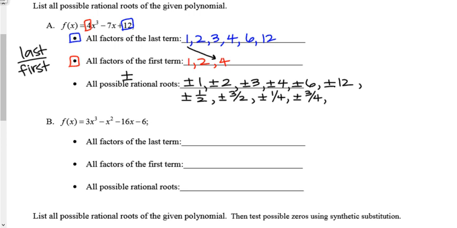I'm not going to write that again. 6 over 4, let's see if that simplifies. 6 over 4 actually simplifies if I divide both of those by 2. I get 3 over 2, and I actually already have that. So I'm going to go ahead and erase this. Don't need that again. And then 12 over 4 is just 3. So I'm not going to write that again. I already have 3. All right, so that was it. Plus or minus version of all of those numbers.